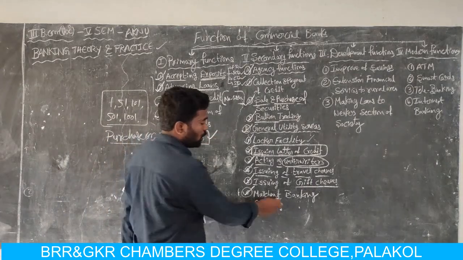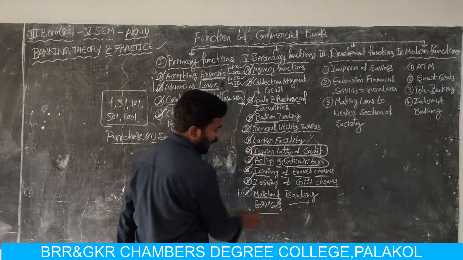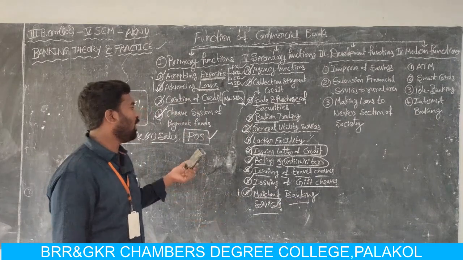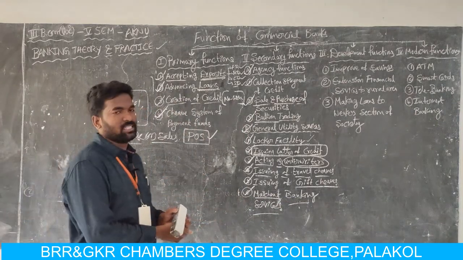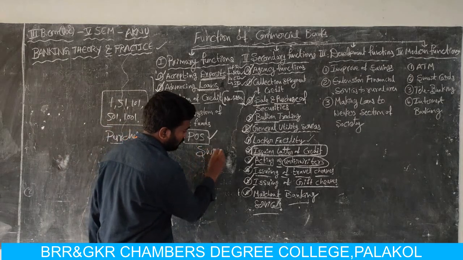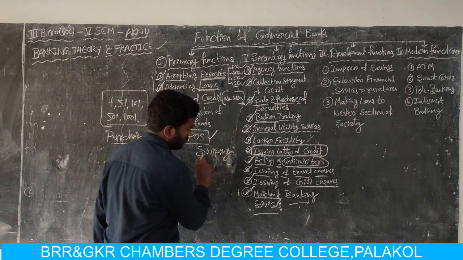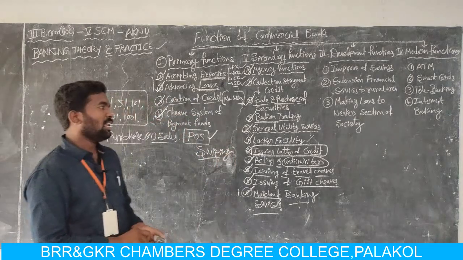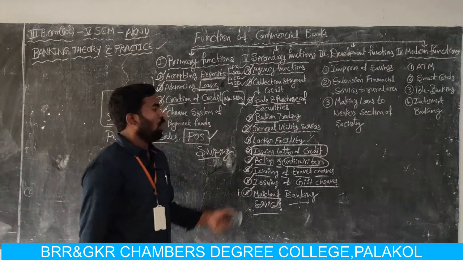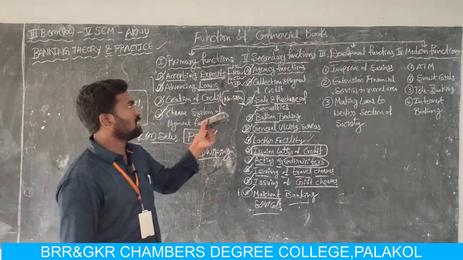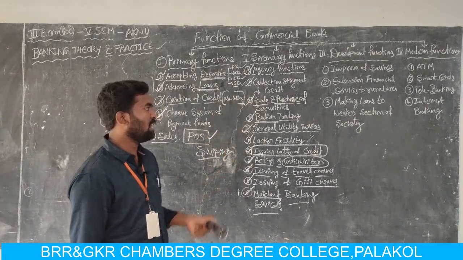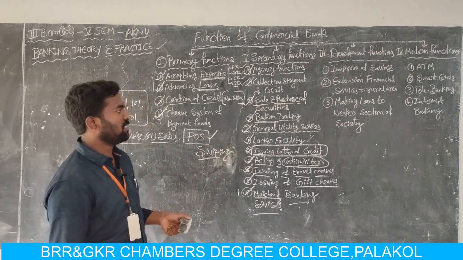So it is also used as a merchant banking system. You want to purchase anything, immediately paying through POS system, like swiping machine. These are the general utility services. So in secondary functions there are two types. First one is agency functions and second one is general utility services.